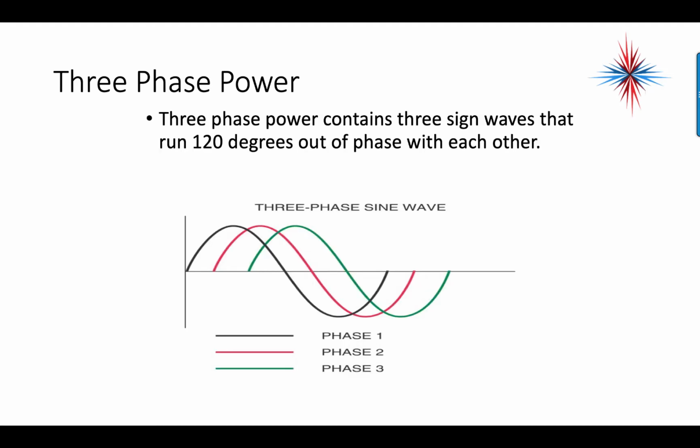So three-phase power contains 3 sine waves that run 120 degrees out of phase with each other.